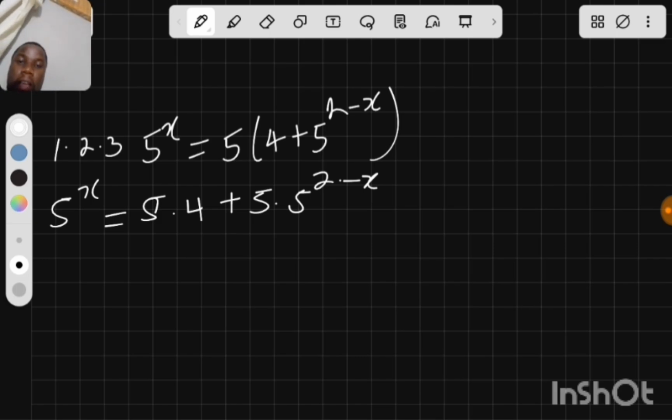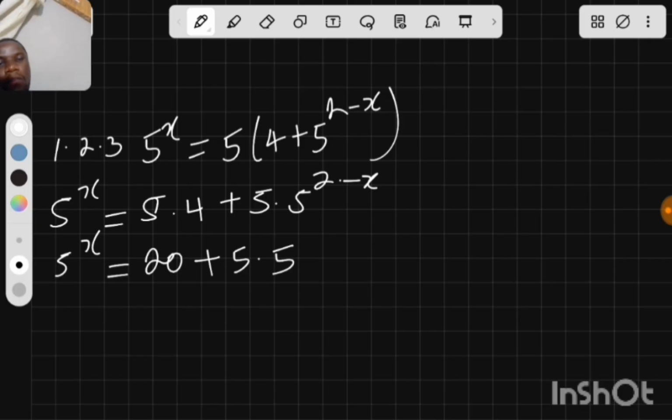Also, doing this kind of question means you need to know the laws of exponents. 5 to the power x equals 5 times 4, which is 20, plus 5 times 5, then we apply the exponent rule, 5 to the power 2 times 5 to the power minus x.